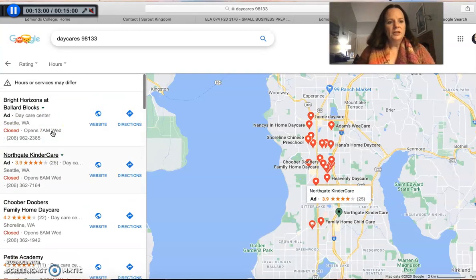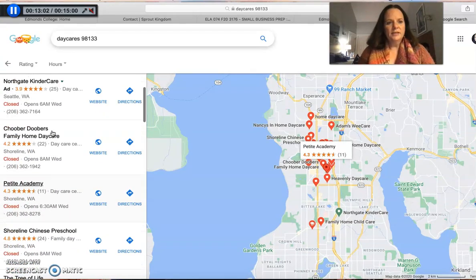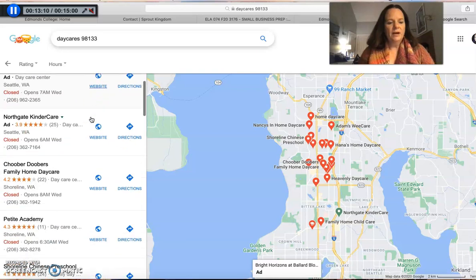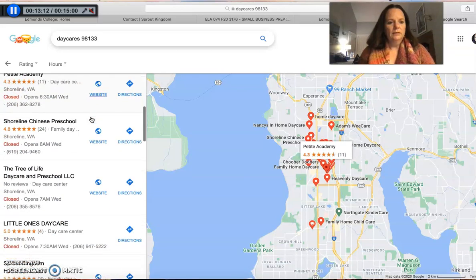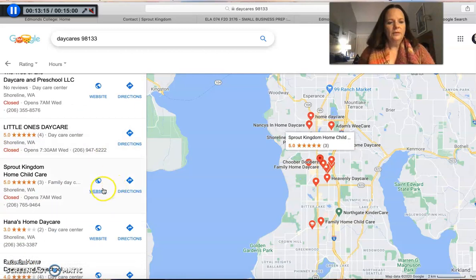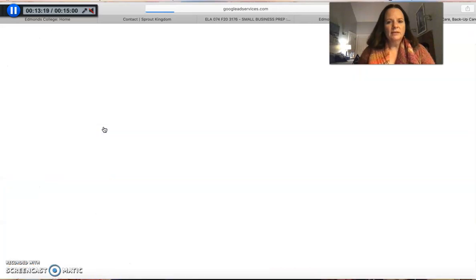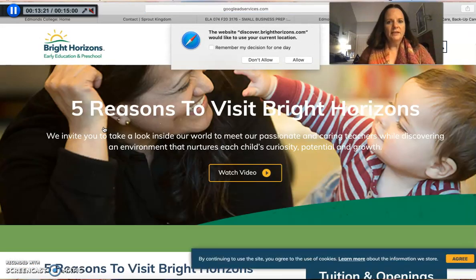So we can see that there's a lot of different daycares in that zip code. You could even click on one of those to find out more about that particular daycare and what they're offering. So I can go to the website and see what's being offered at that daycare center.